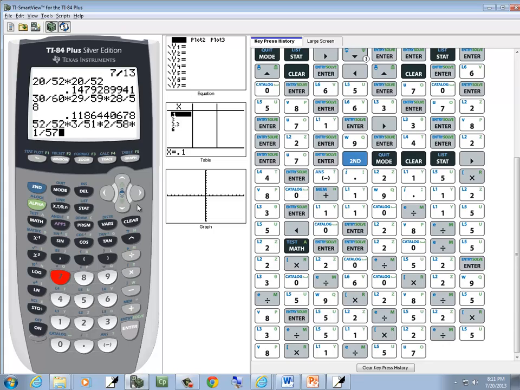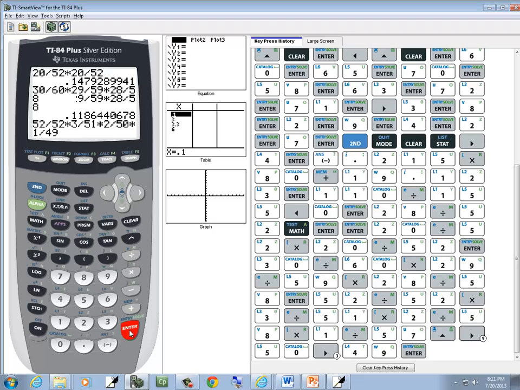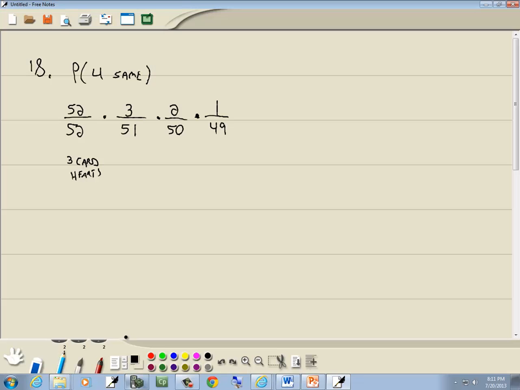What am I doing? 58. Where in the world did that come from? Put 50 there. This would be 49. Some of that new math. I guess I should have looked over what I actually entered in here.